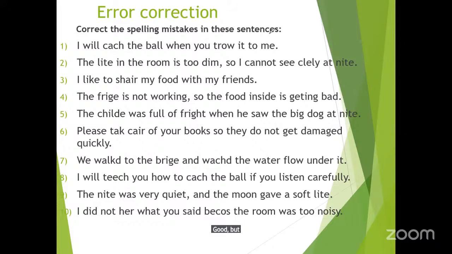But after B is R before U. No, you tried. F-E-B-R-U-A-R-Y. F-E-B-R-U. Can you hear me? F-E-B-R-U-A-R-Y, February. So that's the proper spelling.